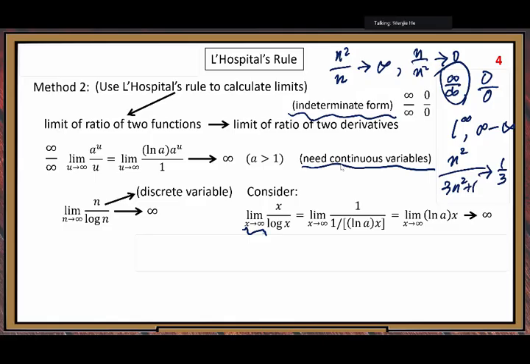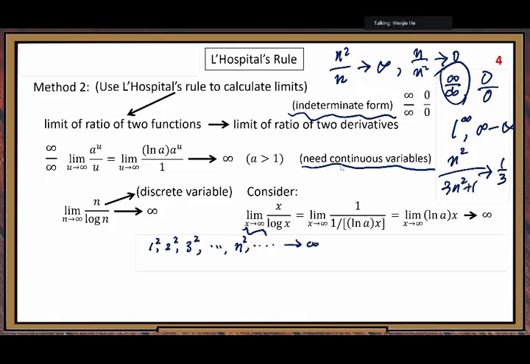Here I give you a few examples. One way, I take x as the sequence 1 squared, 2 squared, 3 squared, n squared. That's one way to infinity.